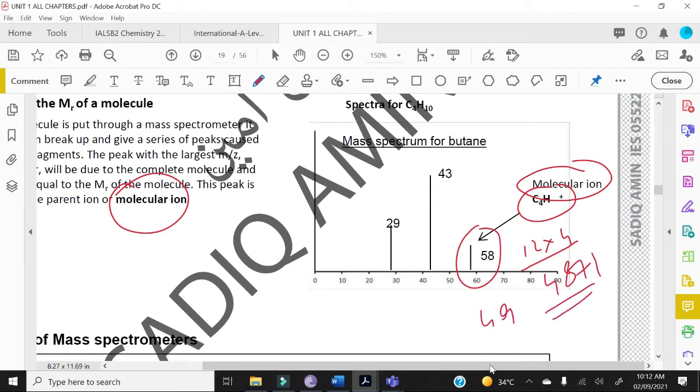It's 58 exactly. So at 58 we are getting the molecular peak. The molecule is C4H10. Let me correct it. There is a mistake in it for the molecular peak.